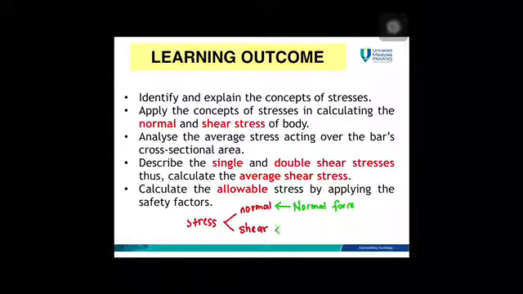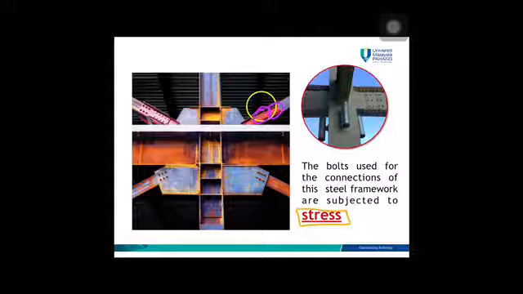It states that the bolts used for the connection of this steel framework are subjected to stress. This bolt is said to be subjected to stress. Why? All the elements or all the structure is subjected to a stress because they need to hold the structure together.